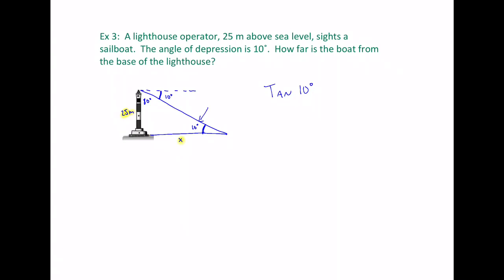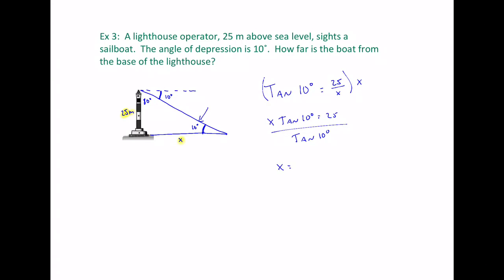So tangent of 10 degrees is equal to opposite over adjacent. Then we need to solve that equation similar to the one we did in the beginning. Multiply both sides by x, and then divide by tangent of 10 degrees. So you'll plug that into your calculator.